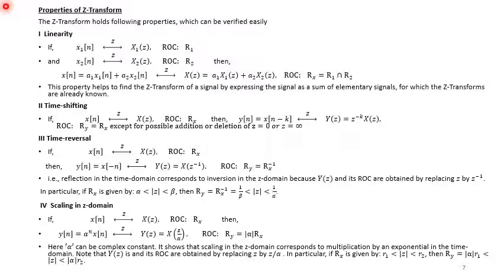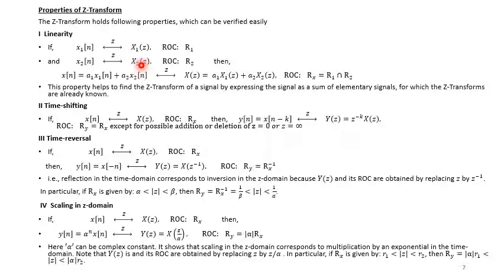Superposition is: if x1 of n has Z transform x1 of z, and x2 of n has Z transform x2 of z, then if I take the Z transform of x1 of n plus x2 of n, it will result in x1 of z plus x2 of z, which is the superposition, the addition of the inputs.